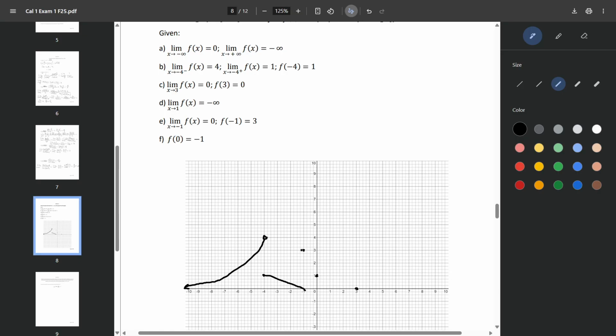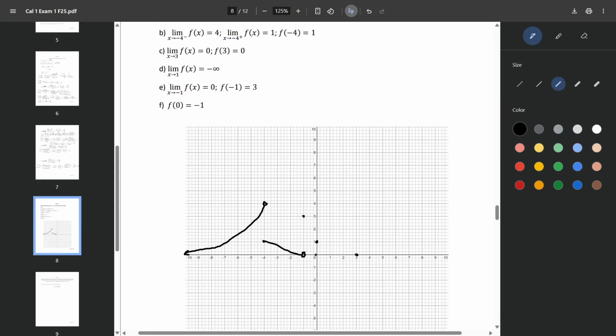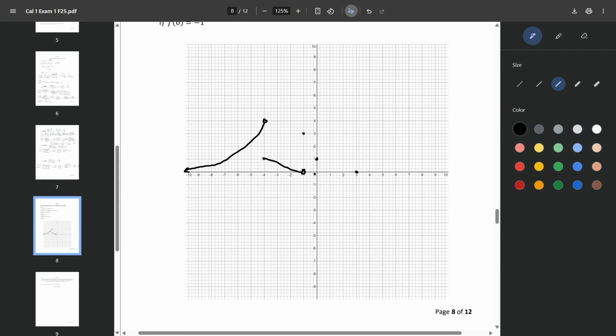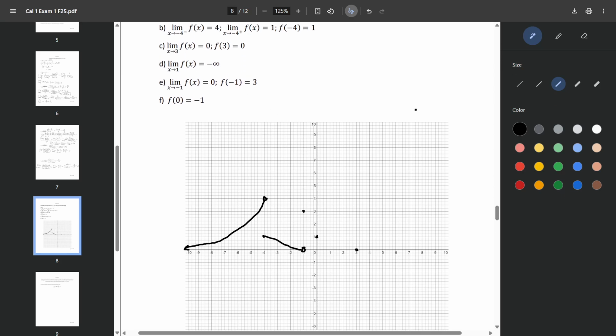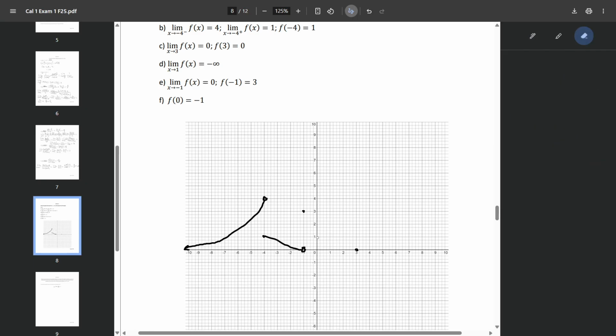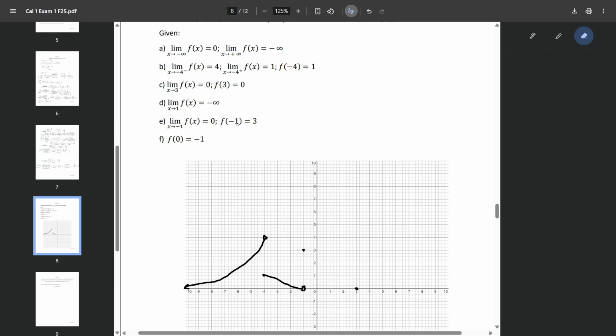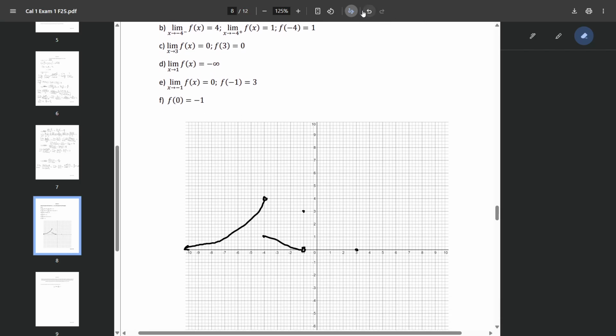And as we can see right here, our point at f of -1 is 3, so we are gonna have an open circle at this point because f of -1 is 3 instead of following the graph. And oops, I accidentally wrote this as +1 when it's -1 for this case. I apologize.